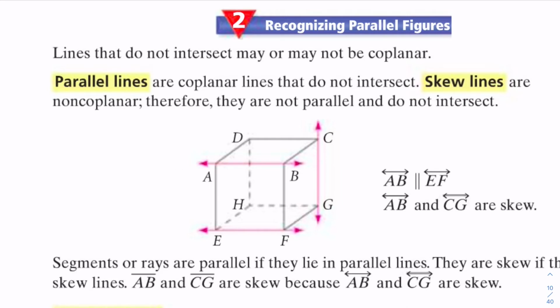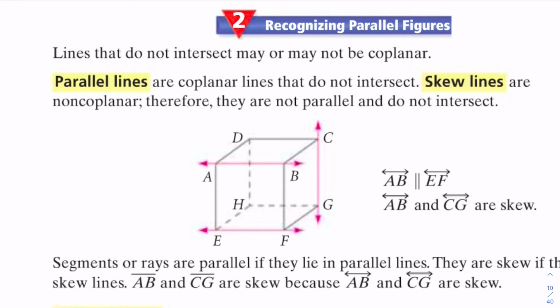They do not intersect. Here, the bottom and the side intersect, and the bottom and the side intersect. The top and the side intersect, and the top and the side. Those are intersecting. These are parallel. But what happens when it's parallel, but then I take the back here, and it's not parallel, but they also don't intersect.